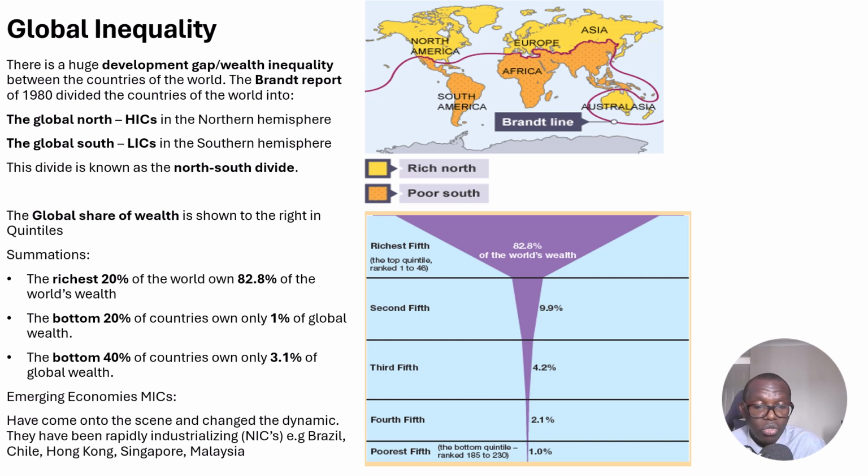And examples of those newly industrialized countries include Brazil, Chile, Hong Kong, Singapore, and Malaysia. So those are now countries that have changed the way we look at global wealth distribution. Although having said that, there's still a lot of global inequality.